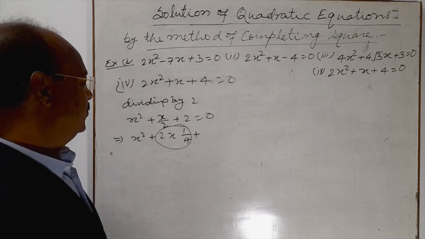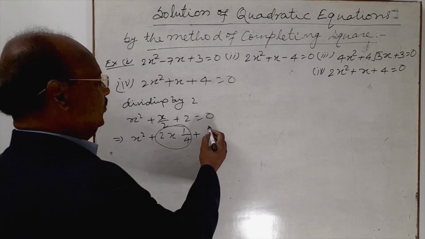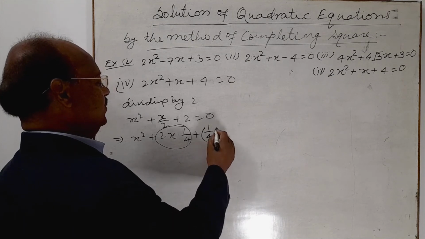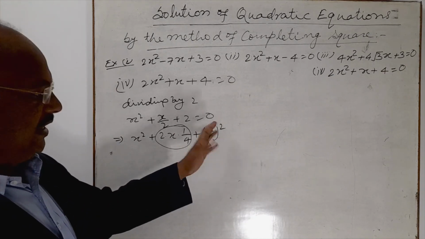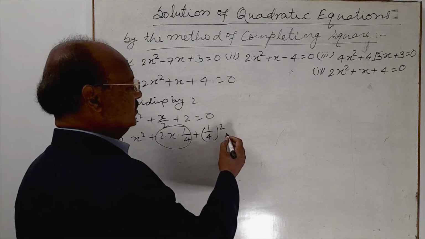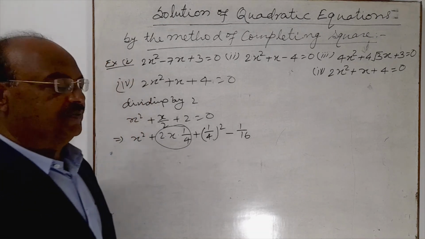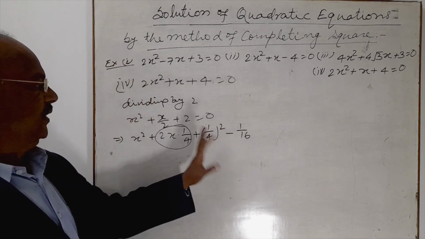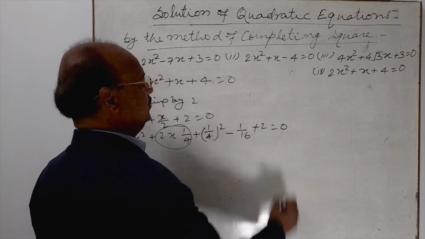So that after multiplying these factors, we will get x by 2 only, that we must have. And plus b square. This is a square plus 2ab plus b square. So we are adding here b square, 1 by 4 whole square. So we should subtract the same thing, means 1 by 16 should be subtracted to balance this part. And this term is plus 2 is equal to 0.